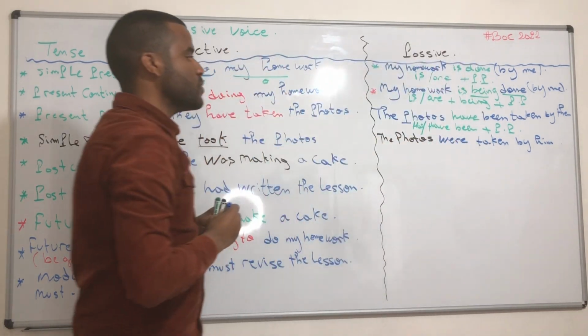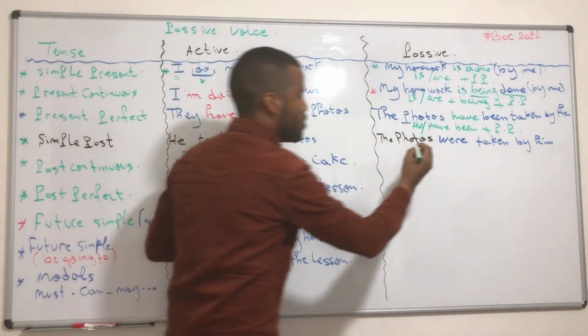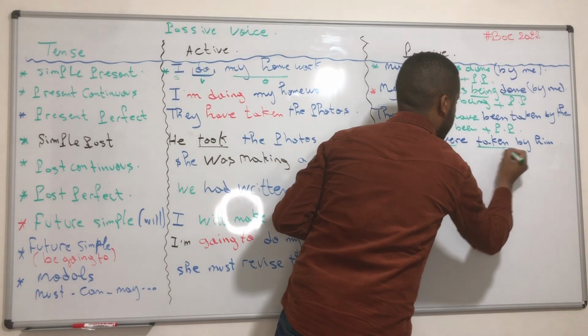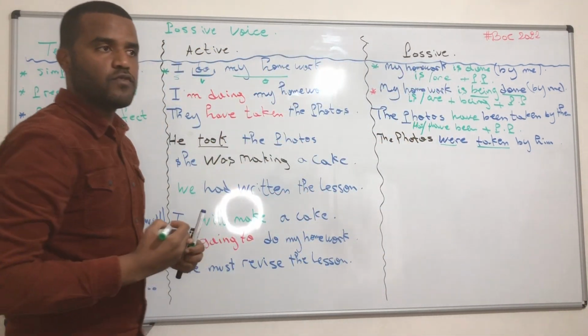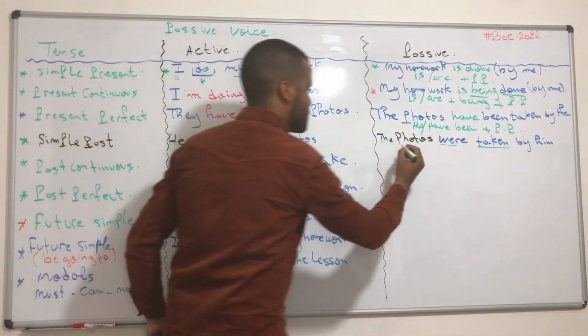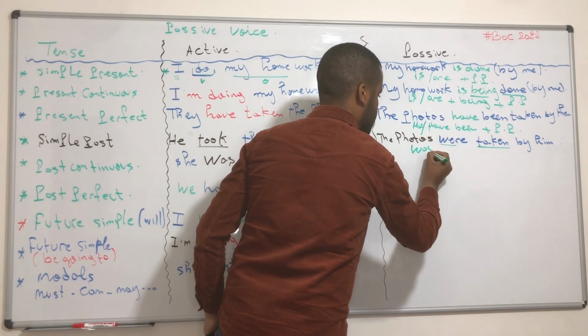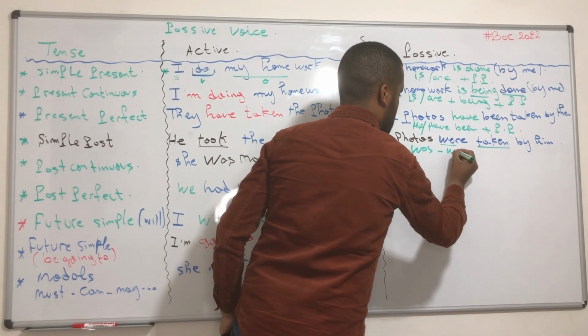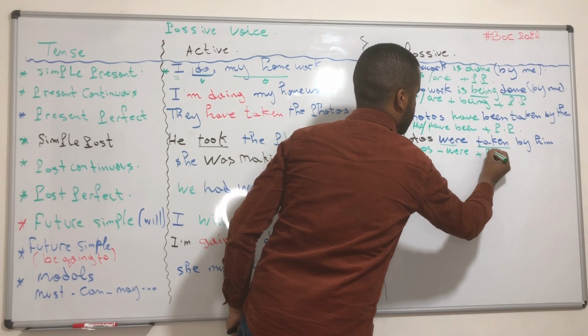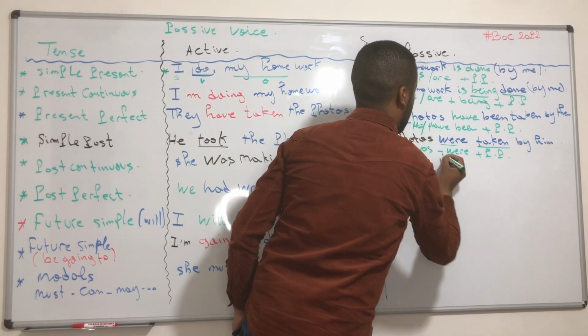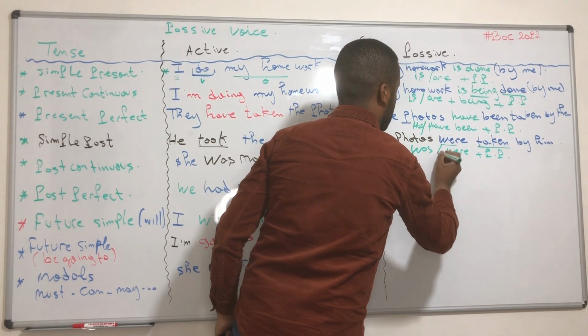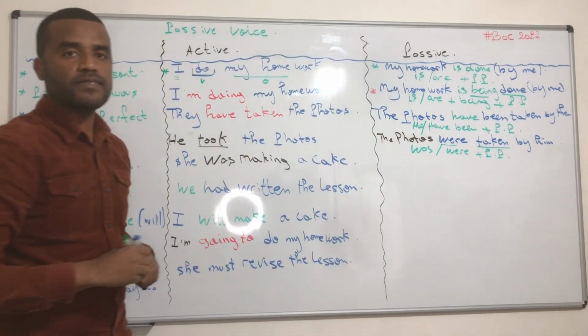The rule that we follow here is the verb to be in the past, was or were, plus the past participle of the verb.